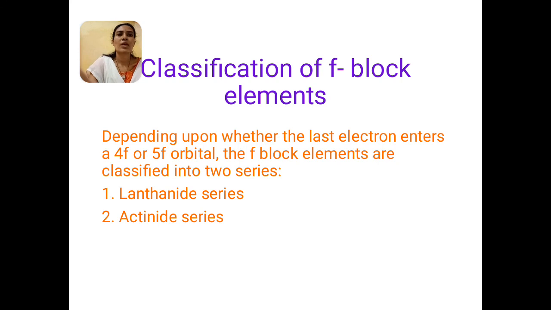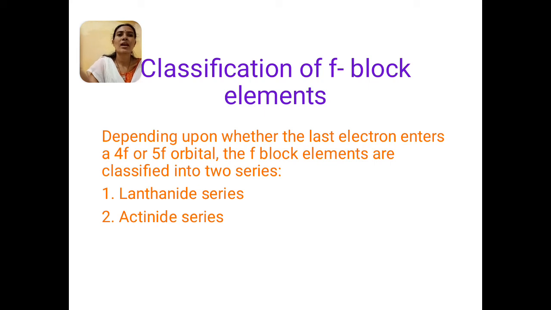Classification of F block elements. Depending upon whether the last electron enters 4f or 5f orbital, the F block elements are classified into two series. First is lanthanide series, second is the actinide series.